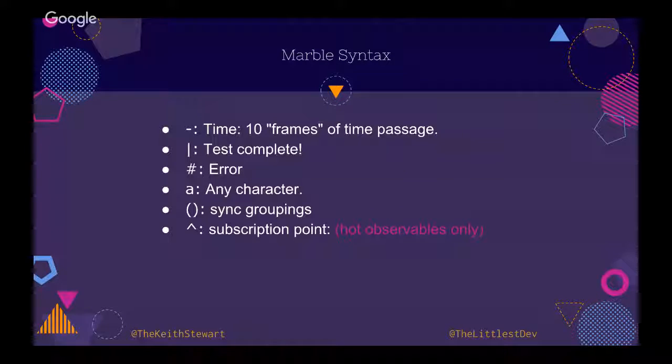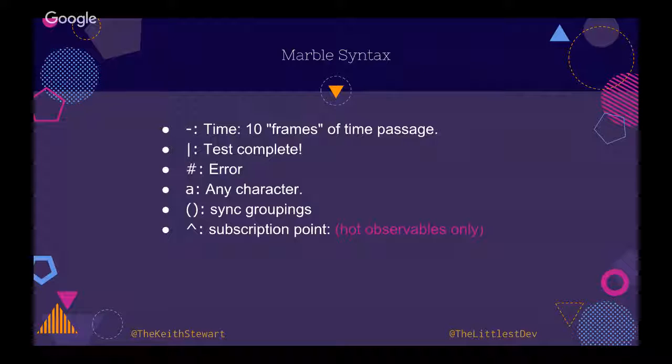This is actually my favorite part, and I'm a dork, I know. All right, so let's briefly discuss marble syntax. We're not going to go too deep into the syntax because it's really pretty straightforward and easy to understand. But we'll point out a few things about it. It's one of those things that I think is a little misunderstood, but once you get into it, it's not too bad.